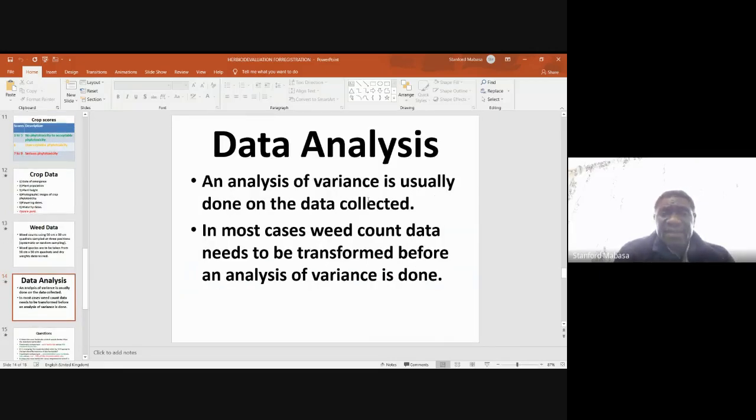Data analysis. An analysis of variance is usually done on the data collected. In most cases, the data needs to be transformed before any analysis of variance is done.